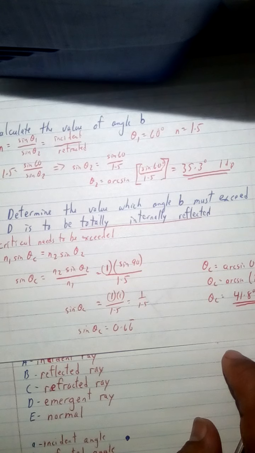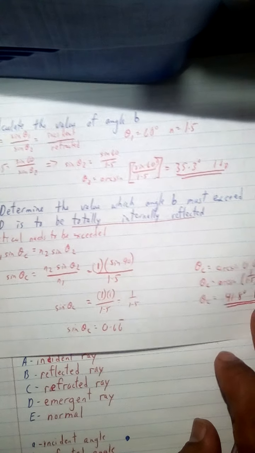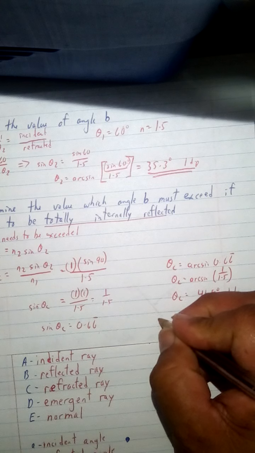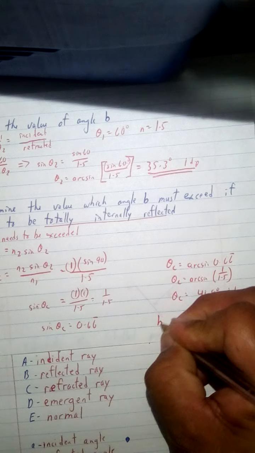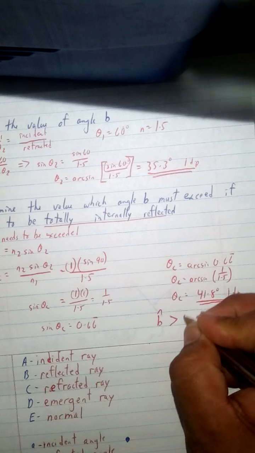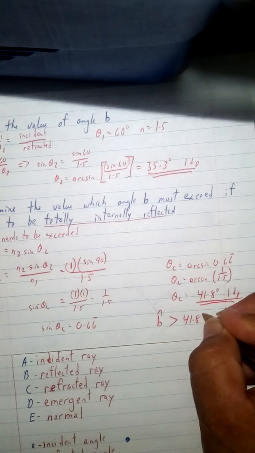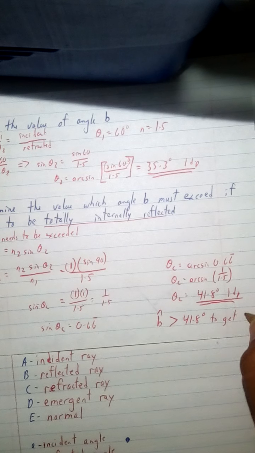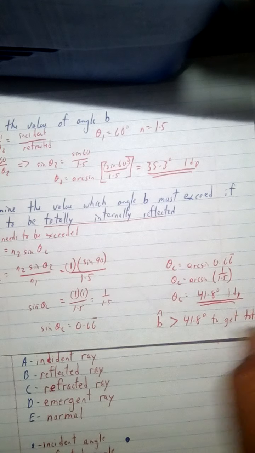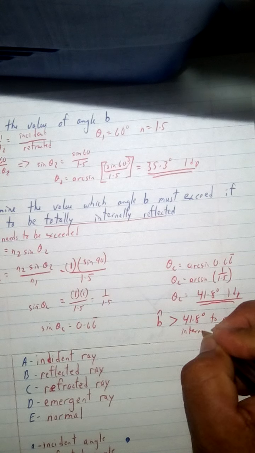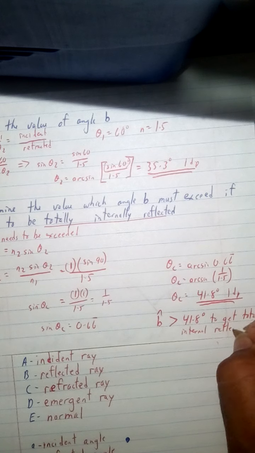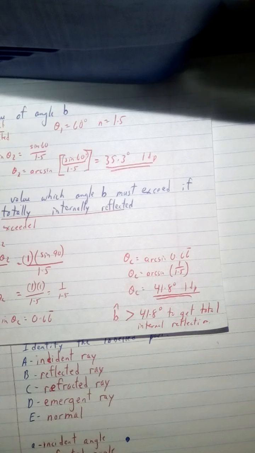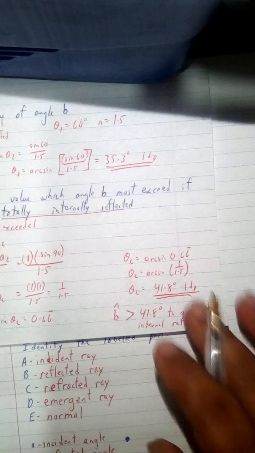So angle B must be greater than 41.8 degrees to get total internal reflection. It is that straightforward for these types of problems. Okay, so that's how we solve this problem.